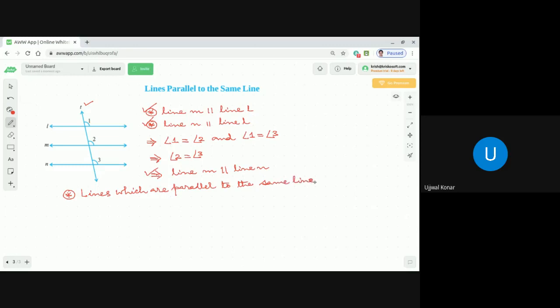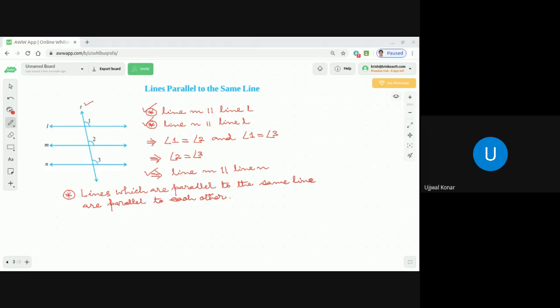Lines which are parallel to the same line are parallel to each other. I hope it is clearly understandable. Correct, dear students? Yes, sir.